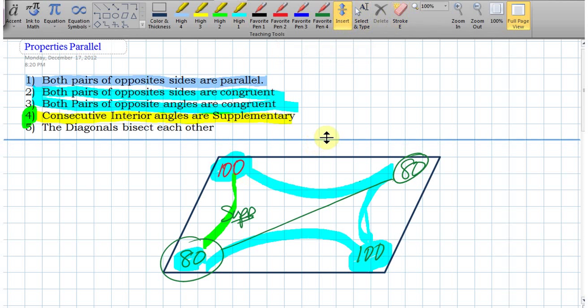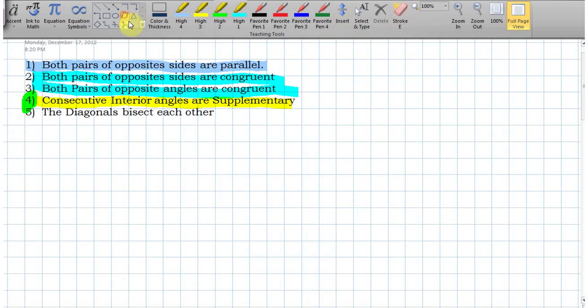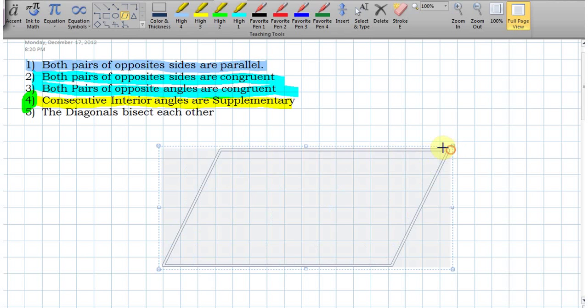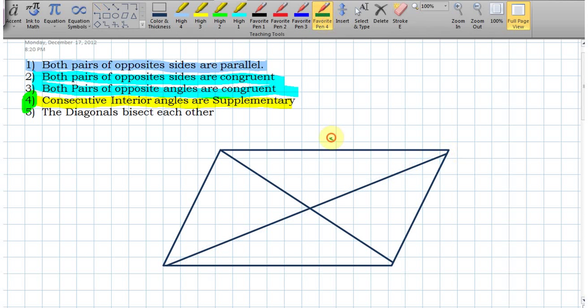And so what else do we have? The last one is talking about what we call the diagonals. And so what are diagonals? Well, diagonals are drawn by connecting the opposite vertices. So I'm going to draw one diagonal right here from one vertex to another on the opposite side. And I'm going to draw another diagonal right there. And so if you notice what just happened with this parallelogram, the diagonals crisscross each other.